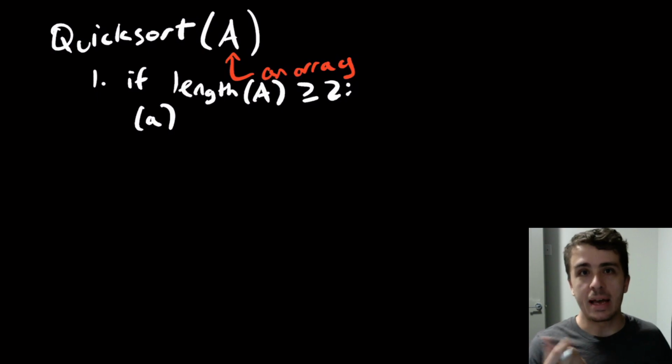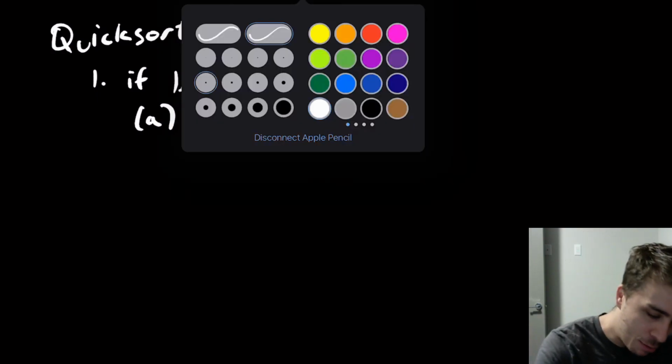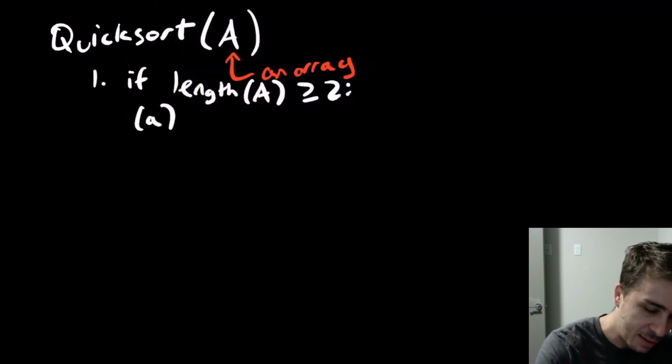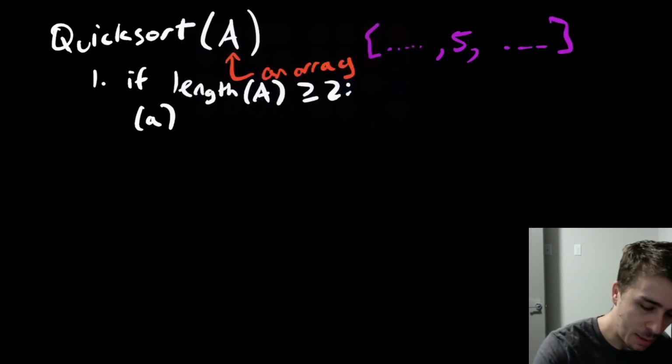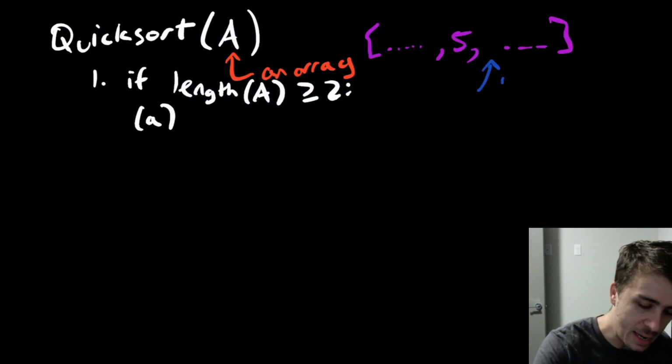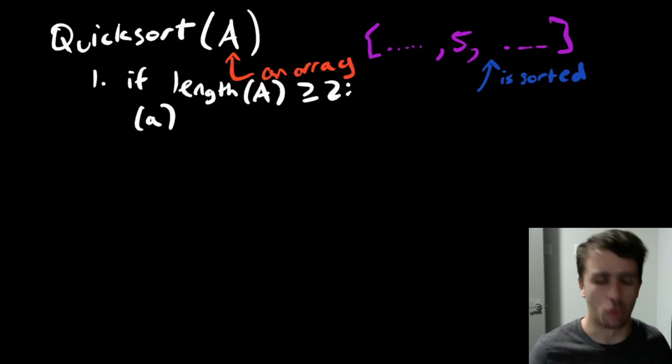The way that quicksort works is, if you think about an array, let's say we have the number 5 in an array somewhere. And let's assume for the moment that this array is sorted, in ascending order.